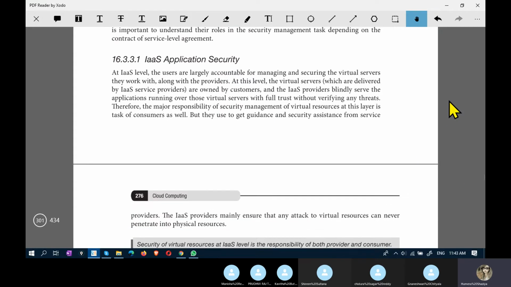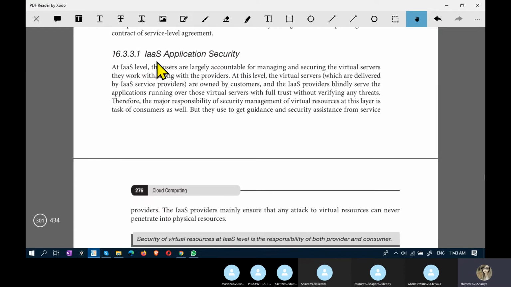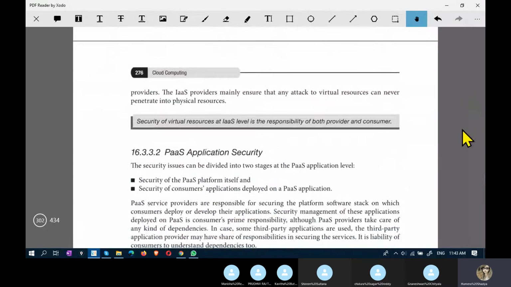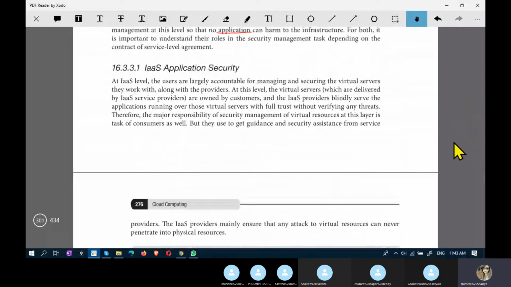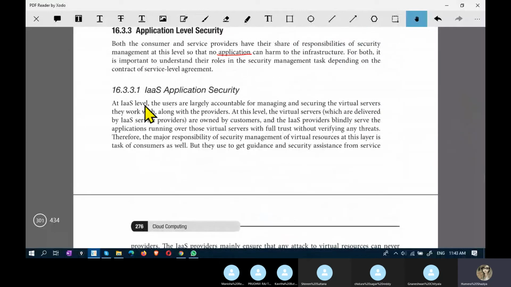For that, essentially we have IaaS application security, then PaaS and SaaS. Okay, because application security is at three levels. You know, for IaaS level, users are accountable for managing and securing the virtual servers.